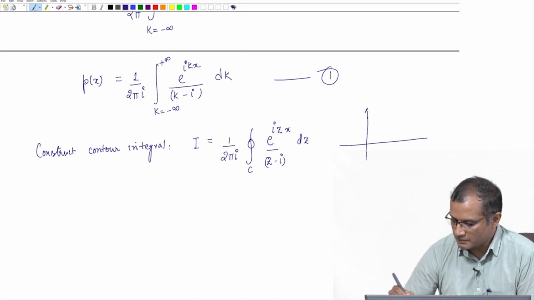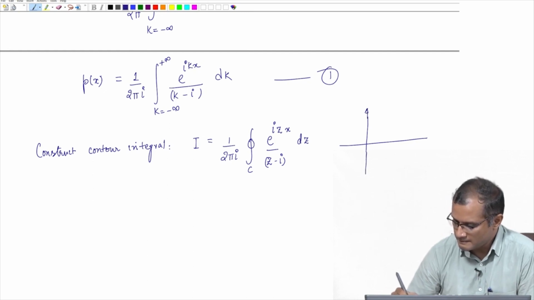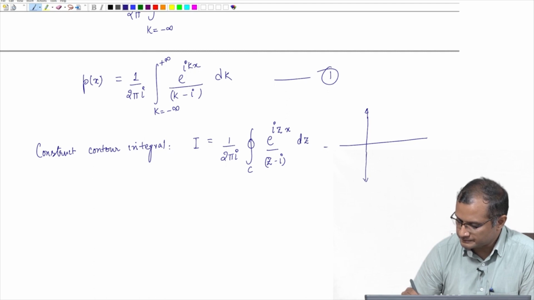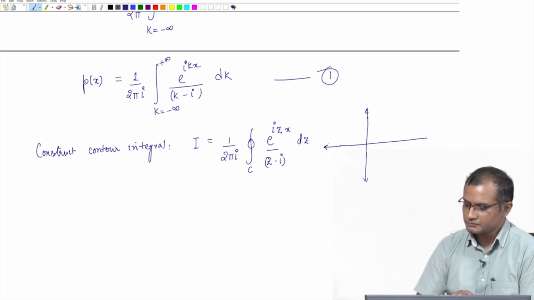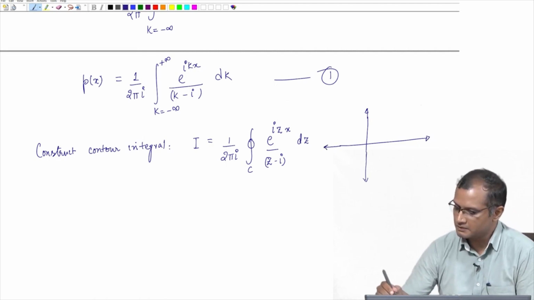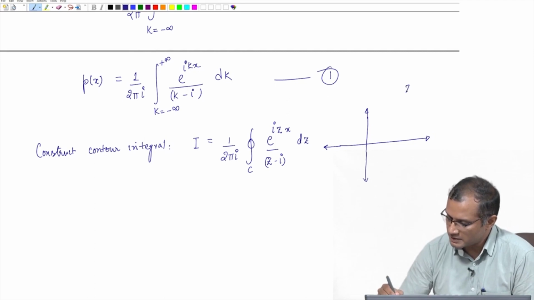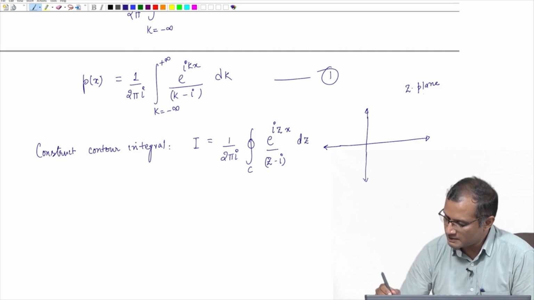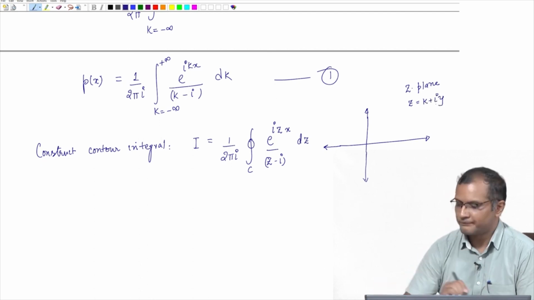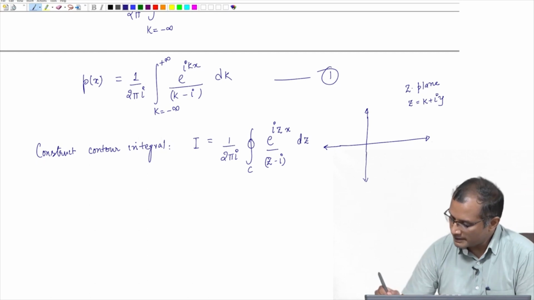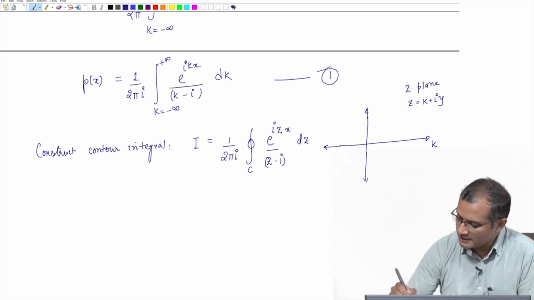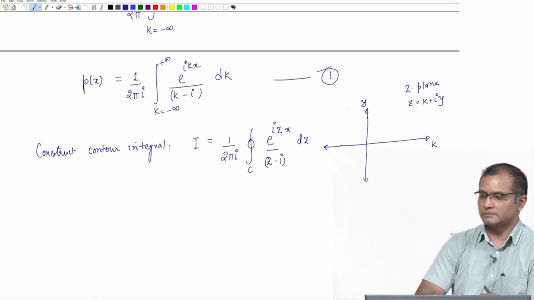So, this is my contour. I will first draw my complex plane, where any complex number is defined as k plus i y, meaning my real axis is the k axis and my imaginary axis is the y axis.